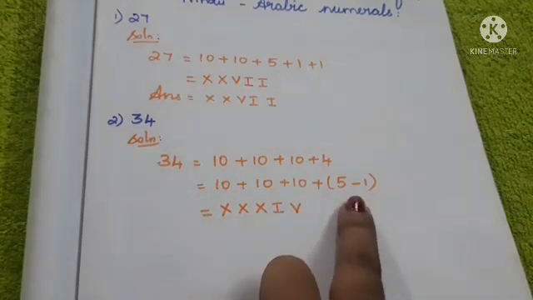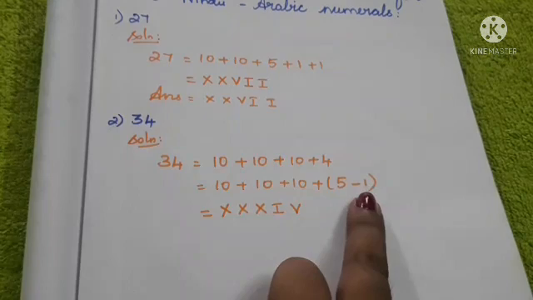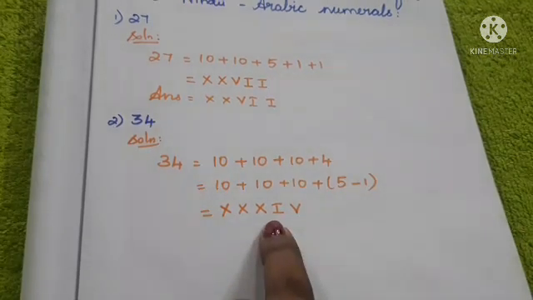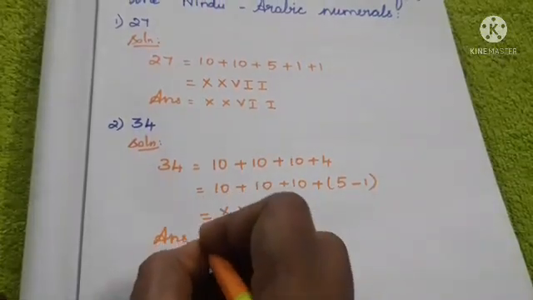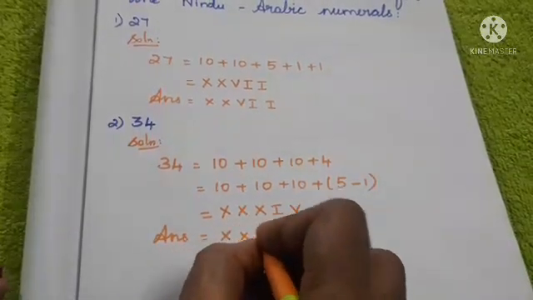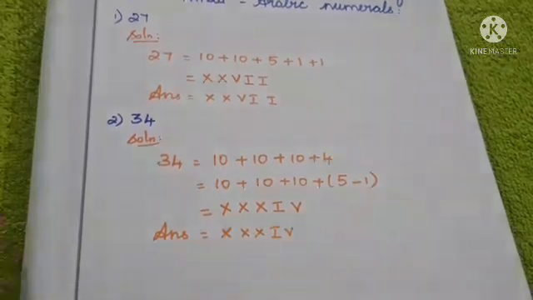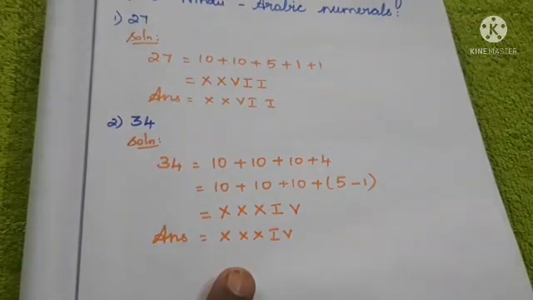Comparing 5 and 1, the smaller is 1, so we write the 1 to the left side of the larger numeral. So our answer is XXXIV. This is the Roman numeral value for 34.